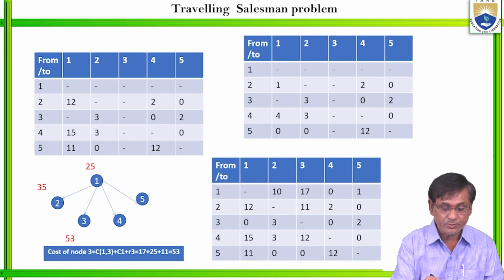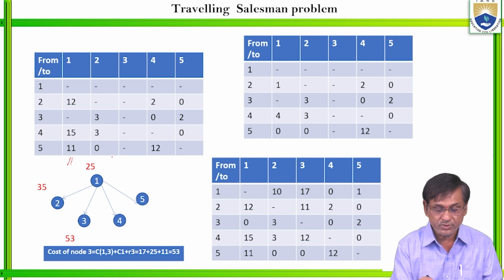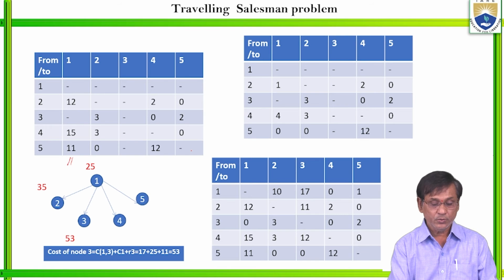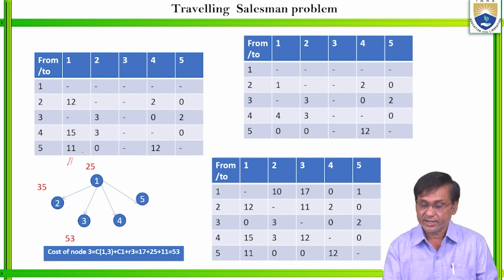Is there any possibility in the column? In the first column, there is a possibility to reduce 11. Second column 0. Third column, no reduction. Fourth column, no reduction. Fifth column, no reduction. Now we can reduce 11. So subtract 11 from the first column and write the matrix.